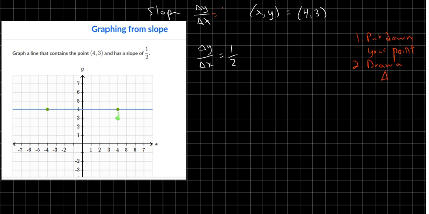From here, I'm going to go over 2 and up 1. Over 2, and up 1. Or we can do what we did last time, which is find another point and try to get it so we can go over 2 and up 1 and hit there. That works too. Both of those work.